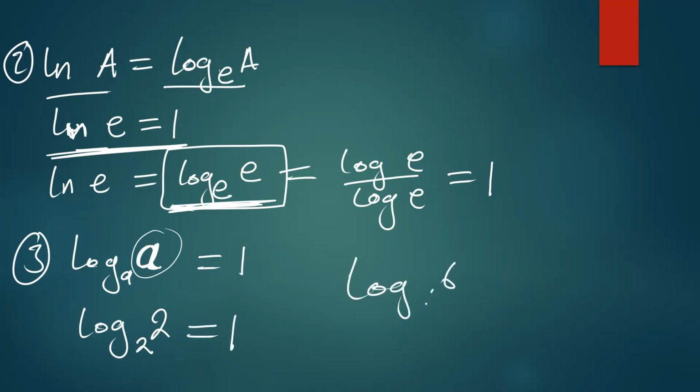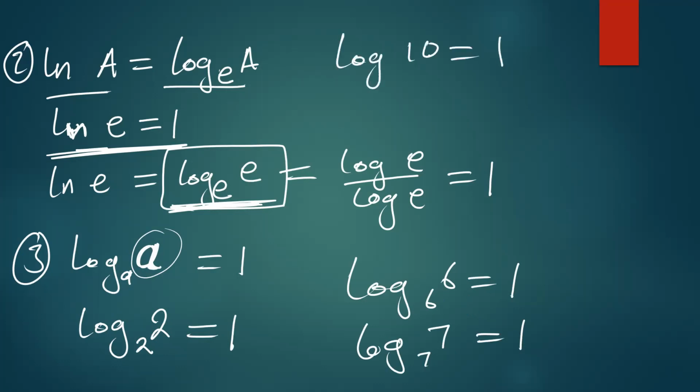Log 6 base 6, the answer is 1. Log 7 base 7, the answer is 1. This is the reason why we say log 10, the answer is 1, because there is always a base here even if this part is empty. So log 10 base 10 has to give us 1 as well, which is the case I talked about.